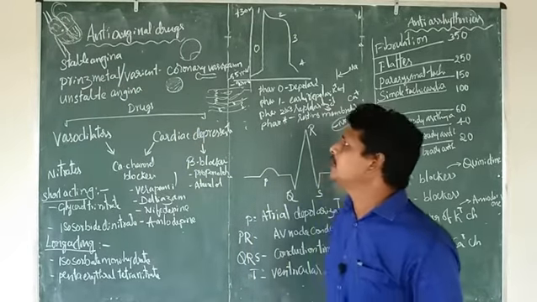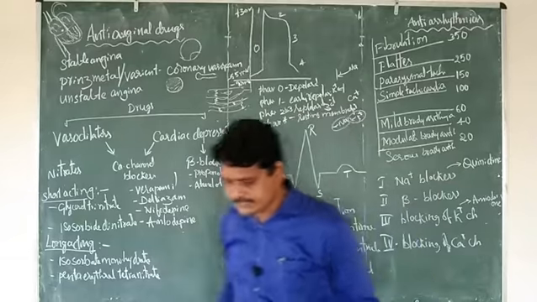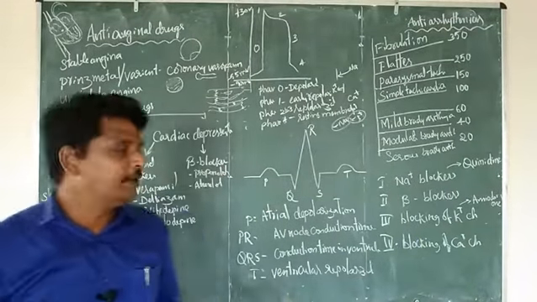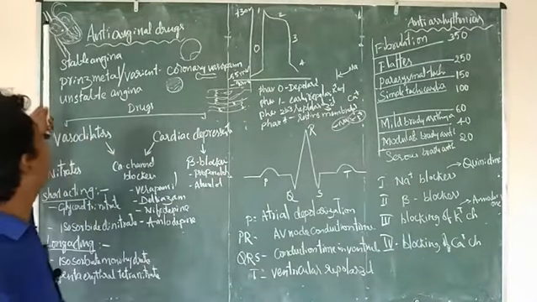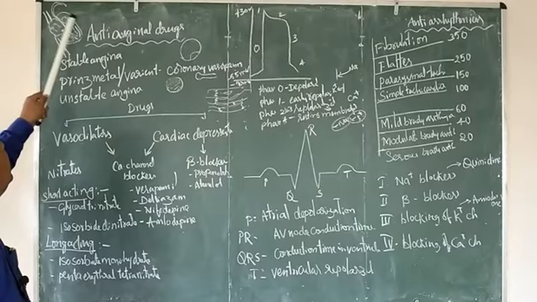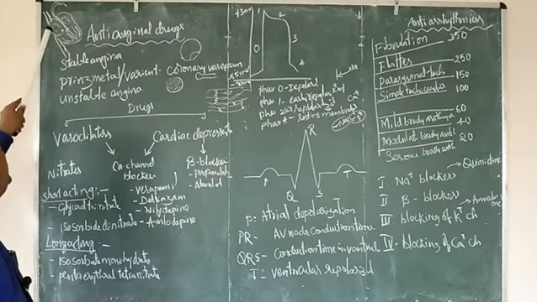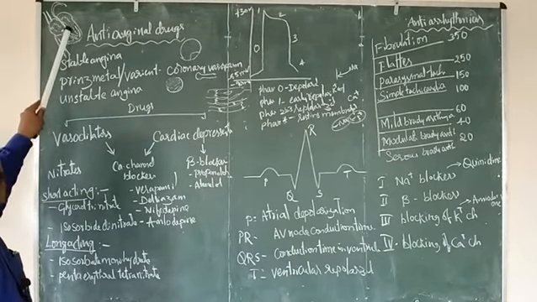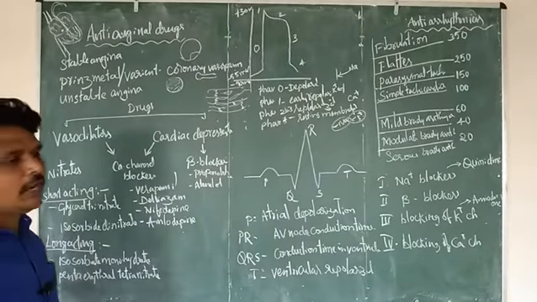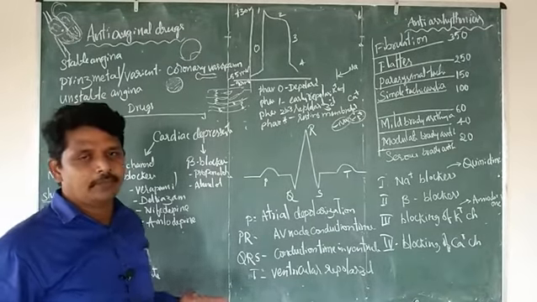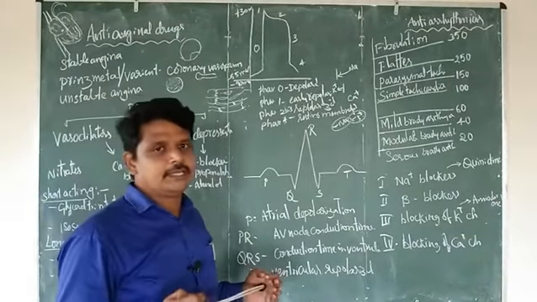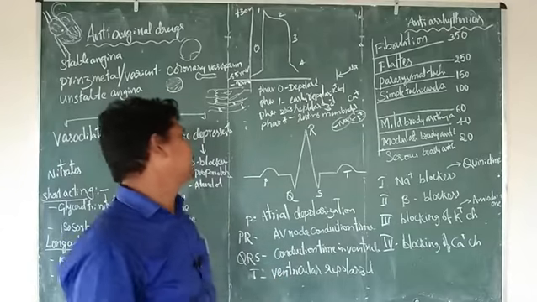Okay, so in ECG basically we try to measure the conductivity of electricity in the entire heart: how these impulses are generated and how they are transferred in the heart. That is called an electrocardiogram.